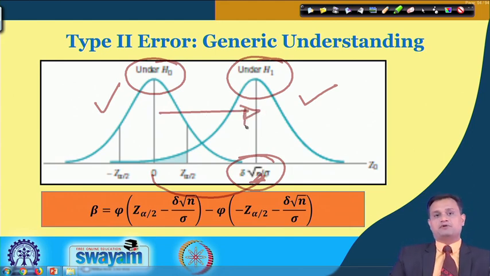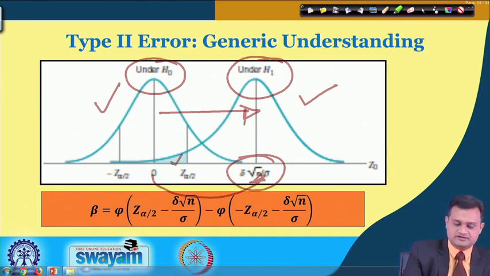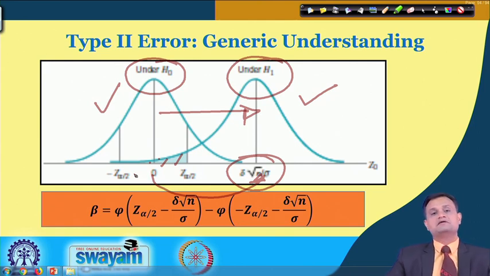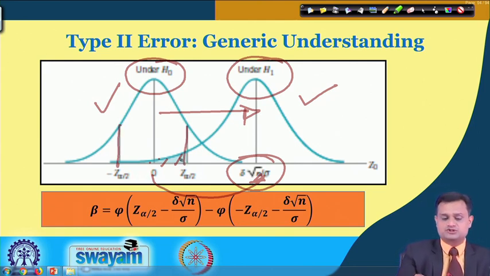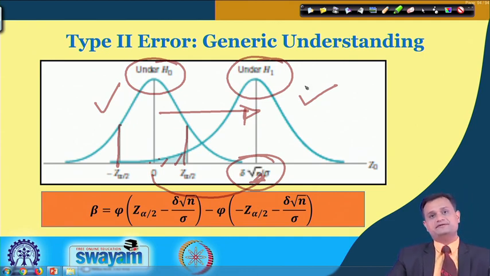I want to find the probability that tells me that when there is a shift in the process, what is that region, or what is that probability, which tells me that the process has not shifted or my process is well within control. So typically you will see that this is the region which will give you the type 2 error, because it falls within the acceptance region, but actually my process has shifted.